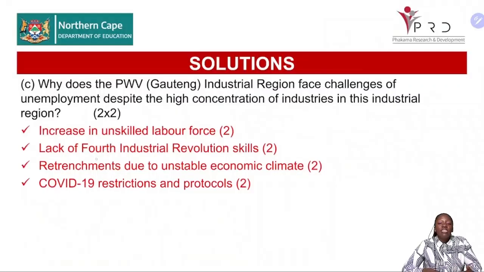Then we're looking at the retrenchments due to the unstable economic climate and also the COVID-19 restrictions as well as the protocols. You'll remember that during the COVID-19 times, the main industries were closed because we were supposed to be in our homes, so they couldn't open.